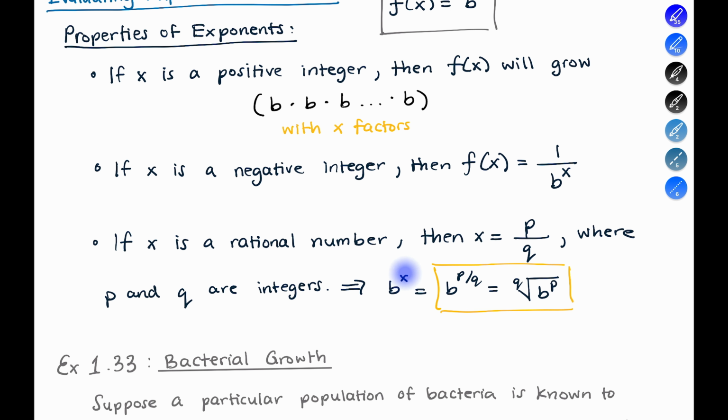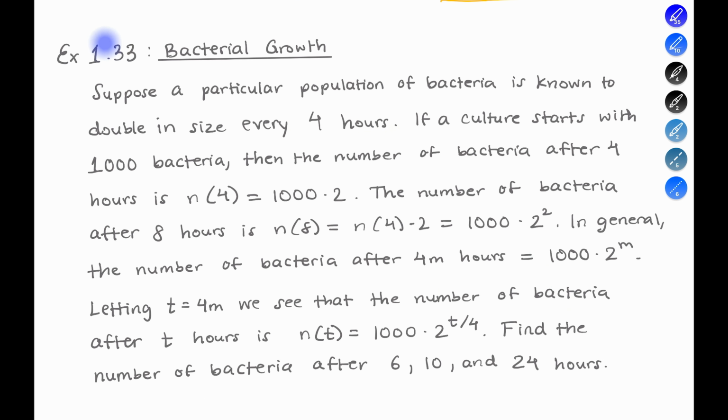So b to the power of x is the same thing as b to the power of p over q, where the top integer, p, becomes the exponent, and the bottom one, q, becomes a radical.